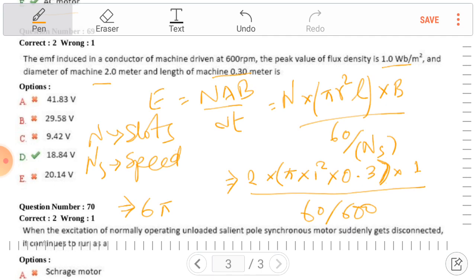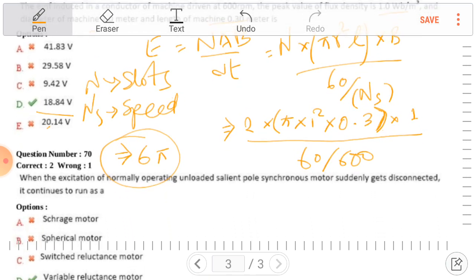So each conductor has 2 slots and area is defined by pi r square L. It is a cylindrical area. B is the flux density and dt is the time period to cover one revolution. It is 60 by Ns. So using this formula, 2 into pi into 1 square into 0.3, the length of the machine, into flux density 1, divided by time period 60 by Ns, where speed is 600. So the result is 6 pi, which is equal to 18.84 volts. It is the EMF induced in the conductor.